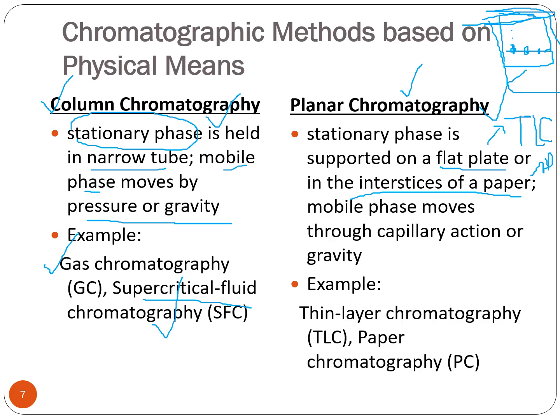Dia punya stationary phase adalah atas flat plate ataupun atas paper. So, dia diguna untuk thin layer chromatography ataupun paper chromatography. Okay, so mobile phase move through capillary reaction ataupun gravity.